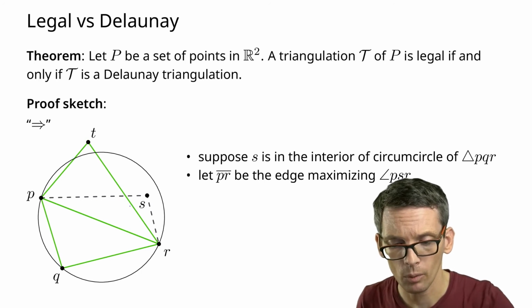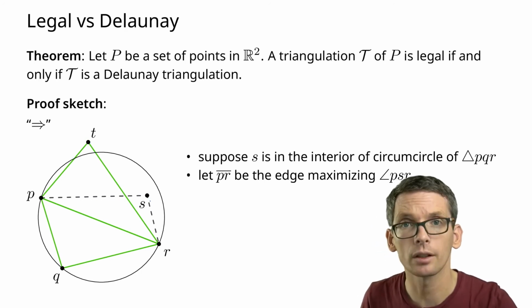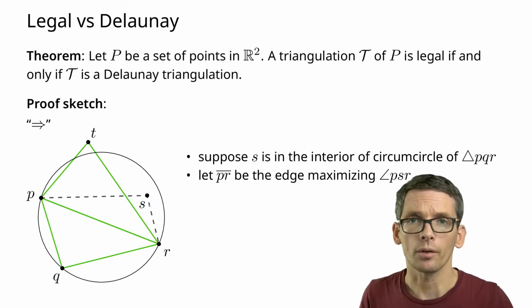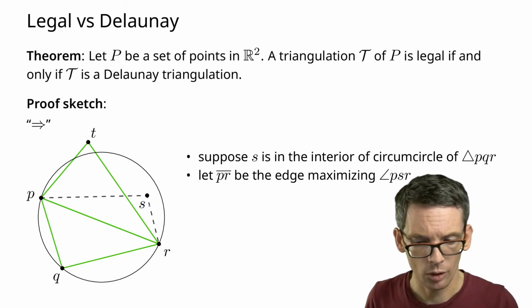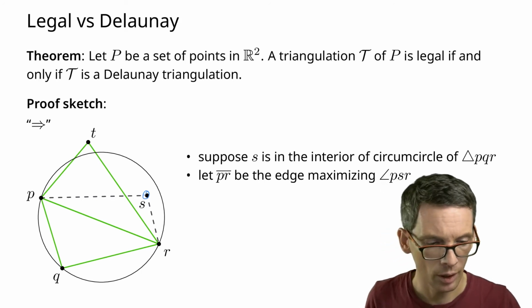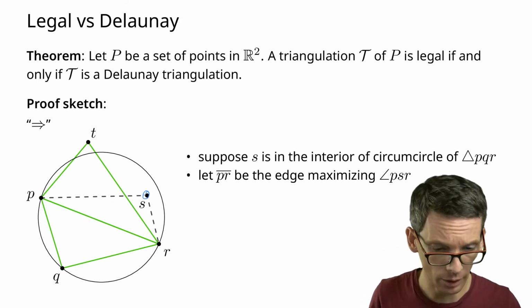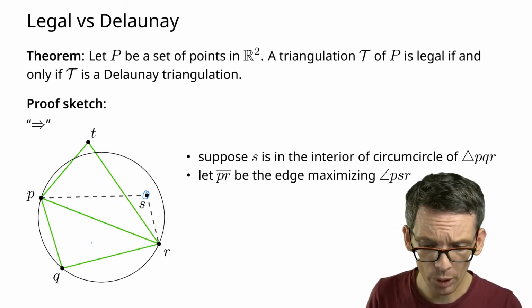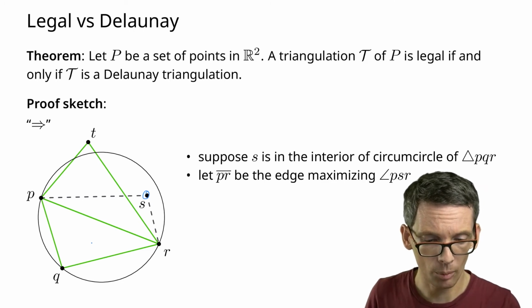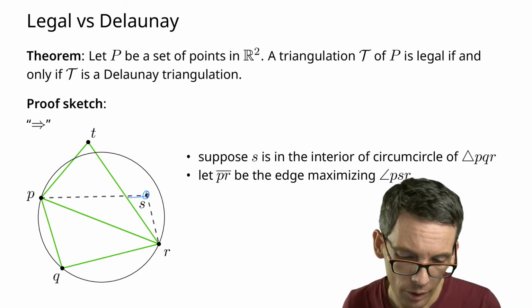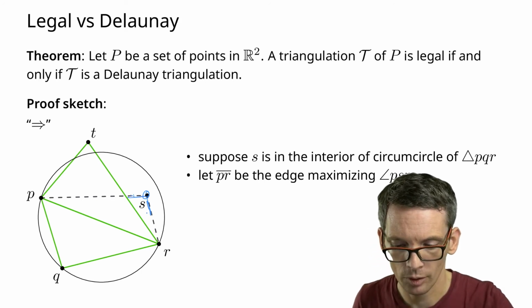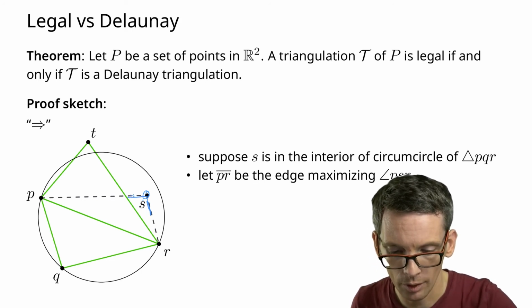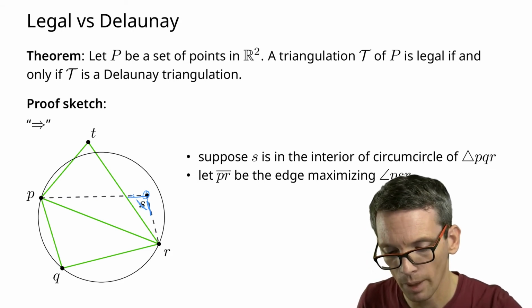The neighboring one is outside, but now there's a different one that is inside. The proof that this cannot happen is by contradiction. Suppose we have such a point, and we pick this setting such that PQR is a triangle with the property that the angle here at S is maximized. So it's a triangle with S in the circumcircle with maximal angle here.